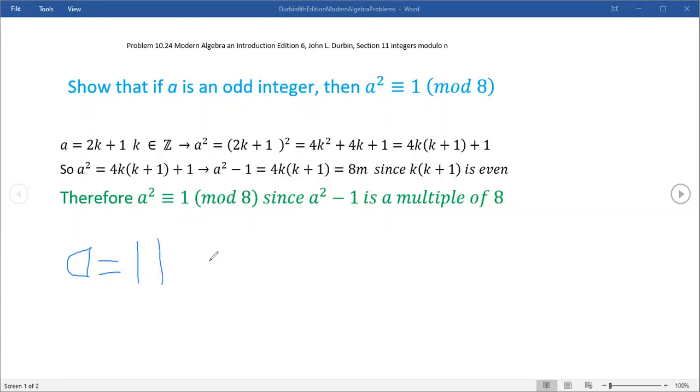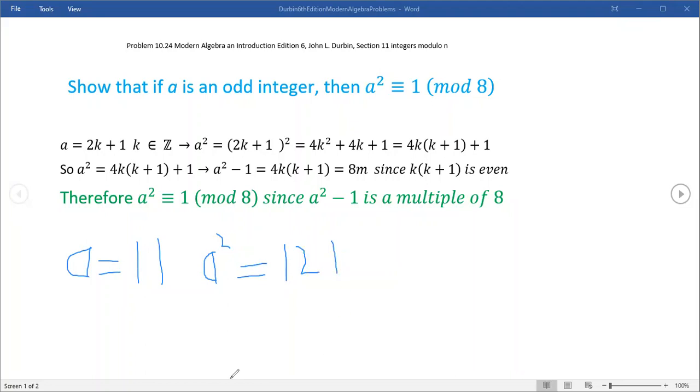That implies that a squared is certainly equal to what? 11 times 11 is 121. You guys memorize all those squares, right? Sorry, this should be equal to 121.